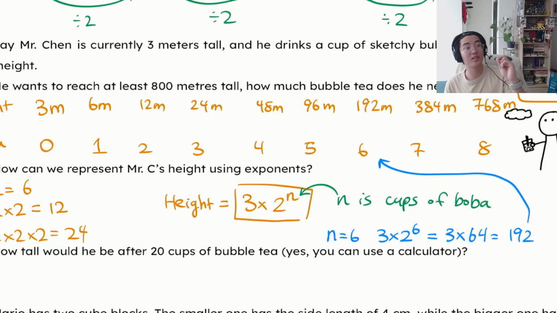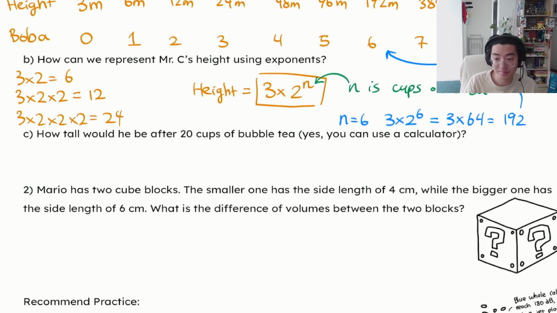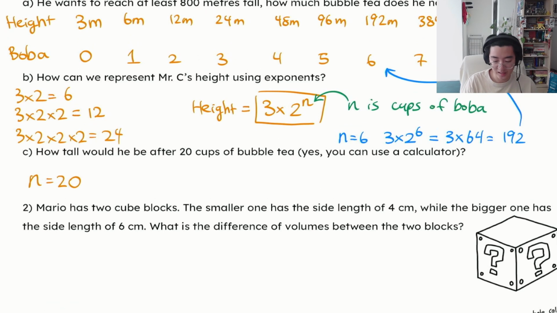So we can use exponents to represent multiplication like this. And of course, after I drink 20 cups of bubble tea, at n equals 20, we can just plug it in.